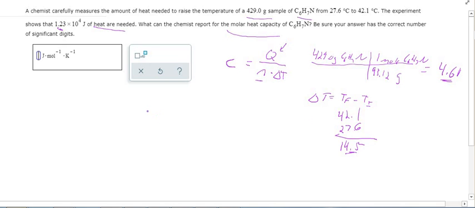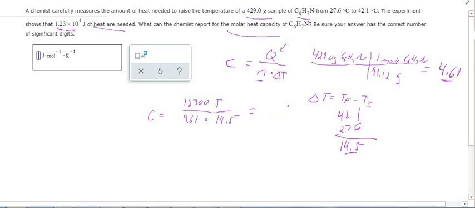So now let's calculate that molar heat capacity. The molar heat capacity equals Q, which in this case is 12300 joules. I just took that out of scientific notation. I'm going to divide that by the number of moles, which I calculated to be 4.61, times delta T, which is 14.5.